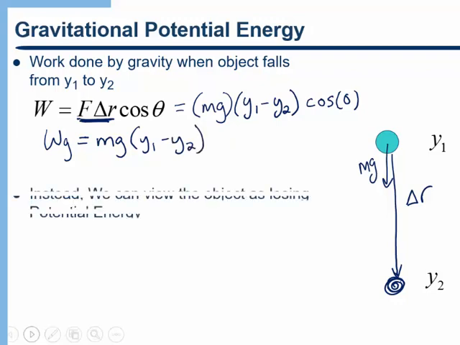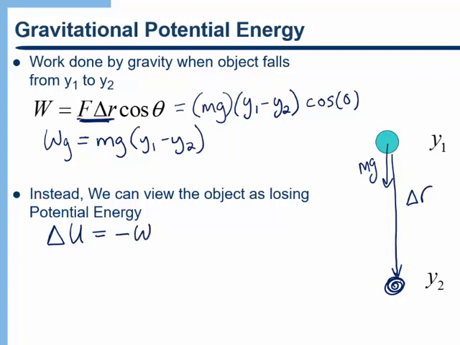So here's what we want to do. Instead of saying that gravity does work on the object and that's why it speeds up towards the ground, instead we want to say it loses potential energy. So here's how we're going to define the change in potential energy. We use the letter U to represent potential energy, and delta U is going to be equal to minus the work done by gravity. So again, instead of saying gravity does positive work on the object, we want to be able to say the object loses potential energy, and that's why we need the negative sign in that definition.